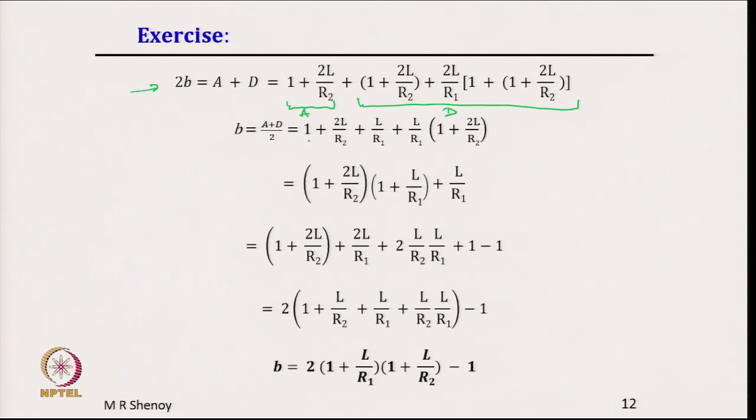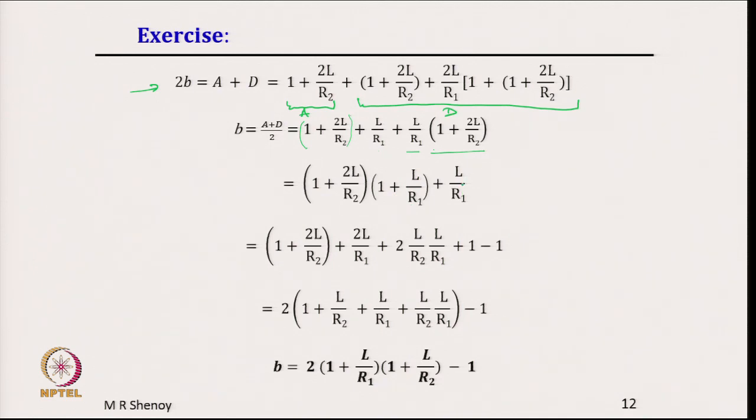So, (A plus D) by 2 will give us 1 plus 2L by R2, L by R1 plus L by R1 into this, which you can further simplify to 1 plus 2L by R2 taken together into 1 plus L by R1, because there is L by R1 into 1 plus 2L by R2. So, this is taken together, and then we have 1 plus 2L by R2 into 1 plus L by R1 plus this term L by R1.